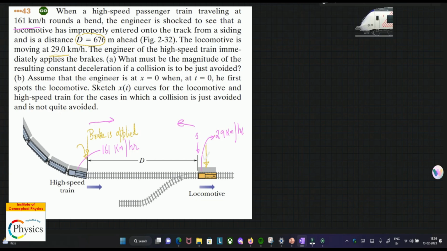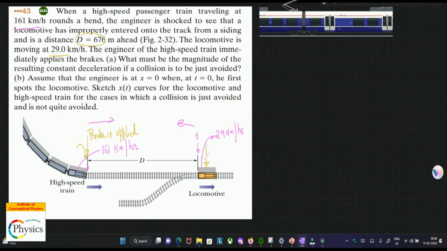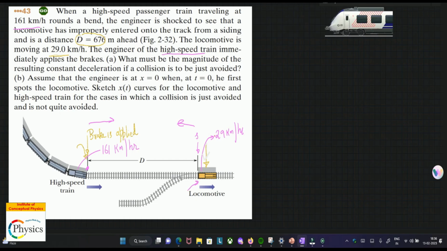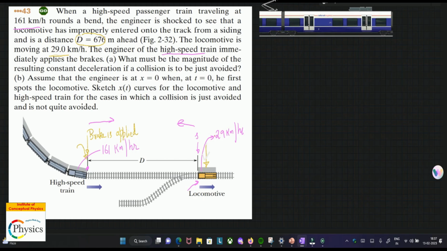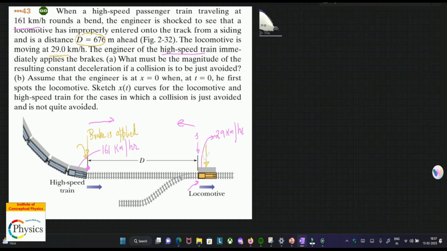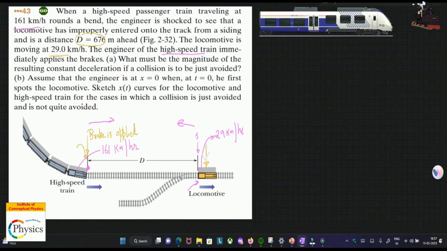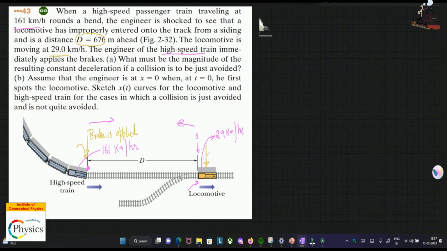The driver of the high speed train applies the brakes, and the way he has to apply them is that he's just able to avert the collision, right?